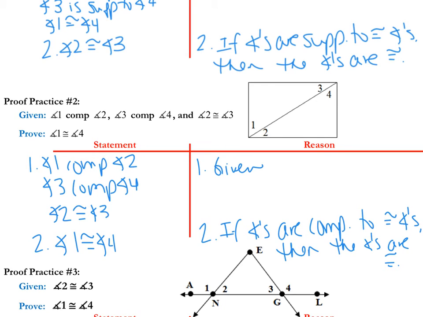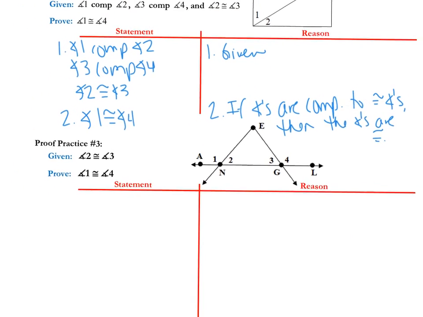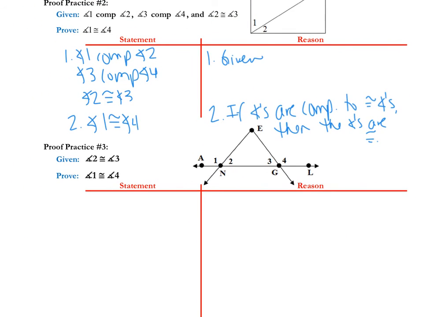All right. Last example. This one's going to be a little bit more involved. So we only know so far that angle 2 is congruent to angle 3. That's the only thing that was given to us. Okay.